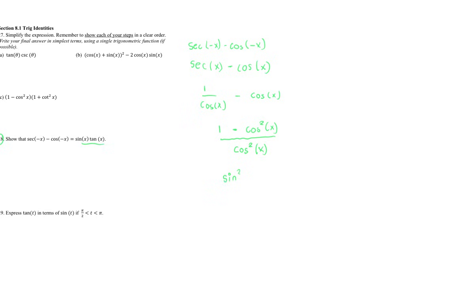So that gets us sine squared of x over, this cosine here isn't squared, it's just a regular cosine because we multiply this by cosine x over cosine x, over cosine of x. We know that sine over cosine is a tangent of x. Then we're left with a sine of x on top.